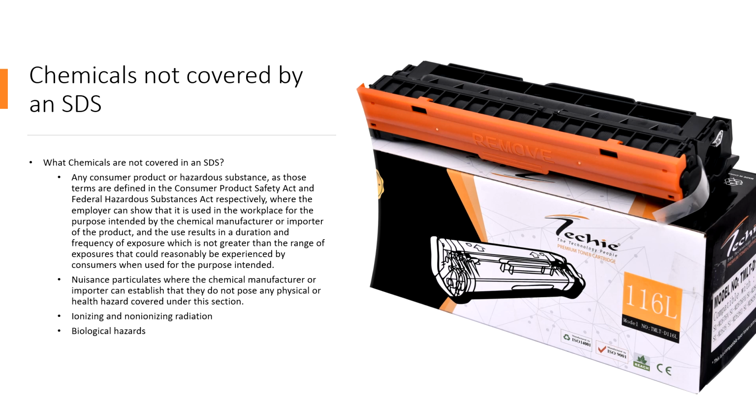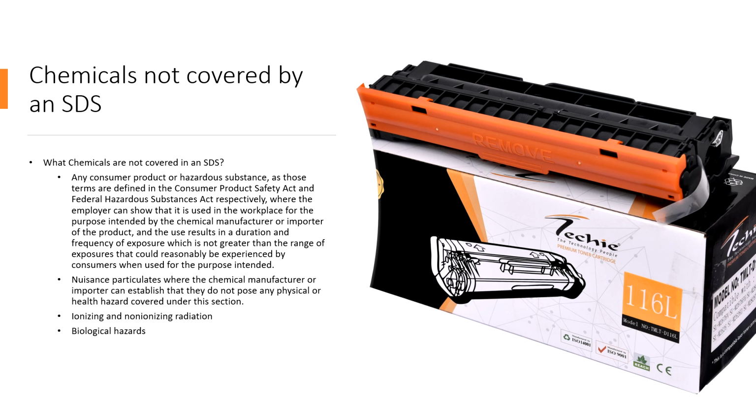One of the things that at least myself and the safety professionals that I have interacted with struggle with is the definition of needing an SDS for a foreseeable emergency and what's everyday usage that is intended for the use. For those who can see this presentation, I have a picture of toner, which is going to go in cartridges.